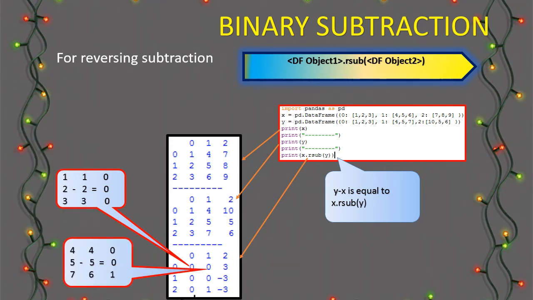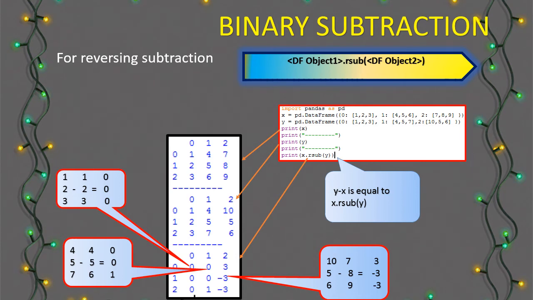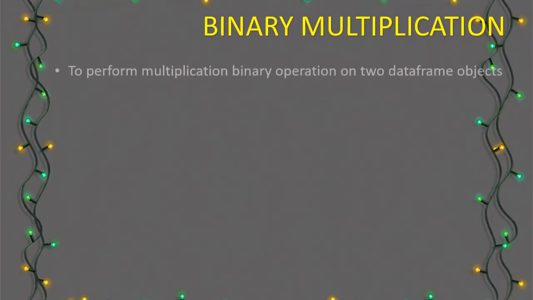And next, the second column, that is 4 5 7 of y, is subtracted with the first column label of x, 4 5 6, so we get the result. At last, 10 5 6, the second column label of y, okay, 10 5 6, and the second column label of x is 7 8 9, so they are subtracted, and the result is displayed like that.